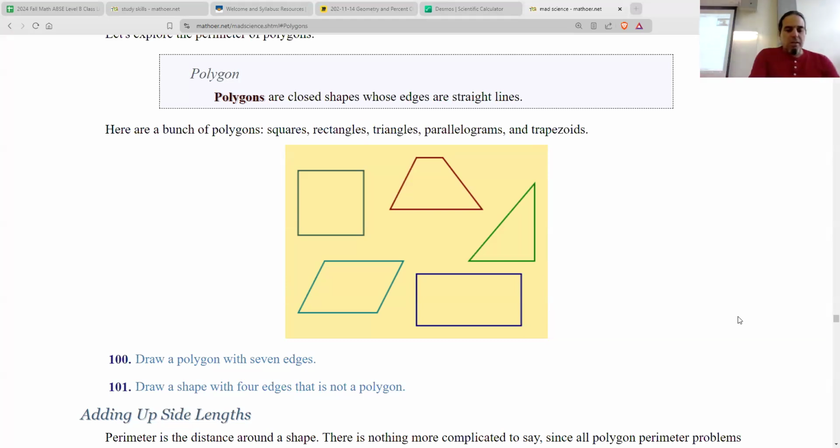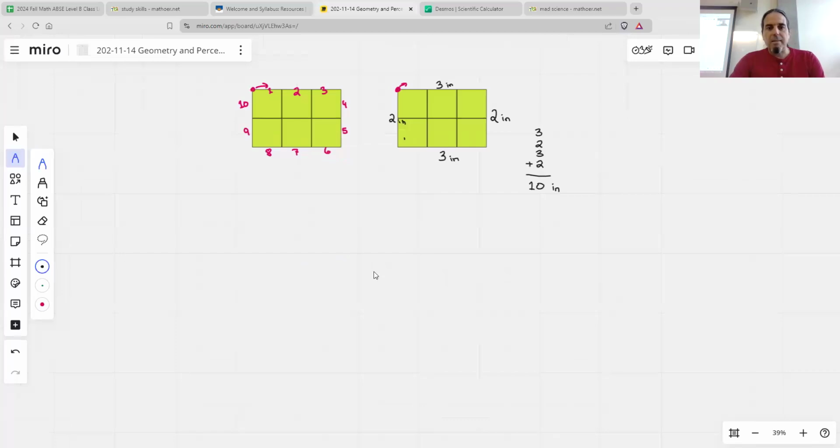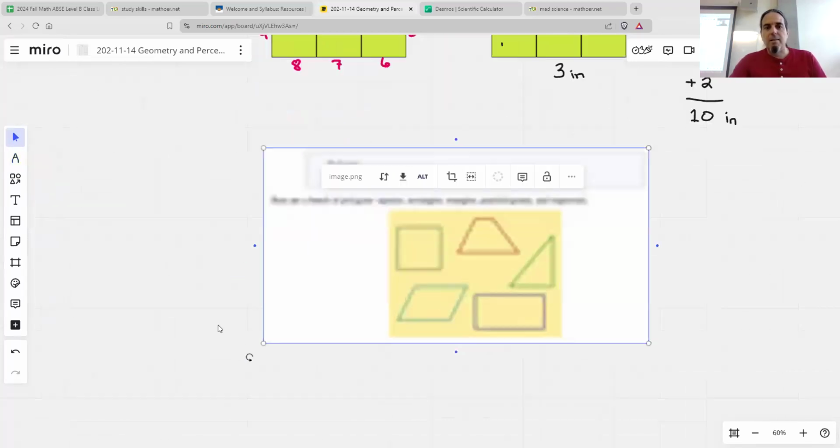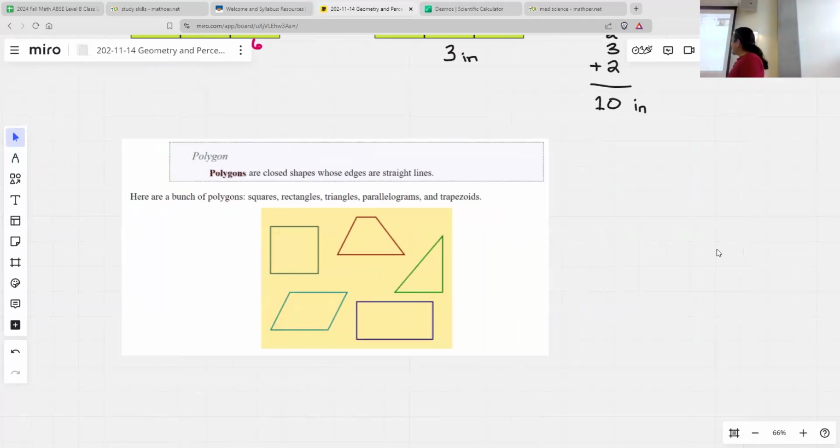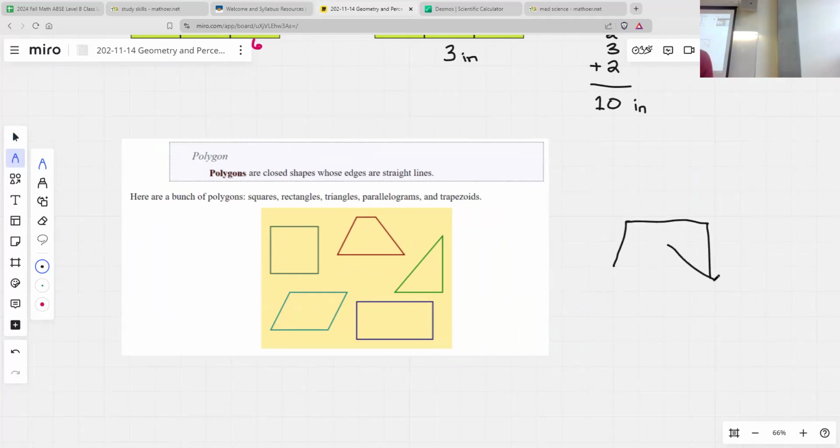And by closed, I mean that I could draw something that isn't closed and then off. So maybe something goes over here, there.